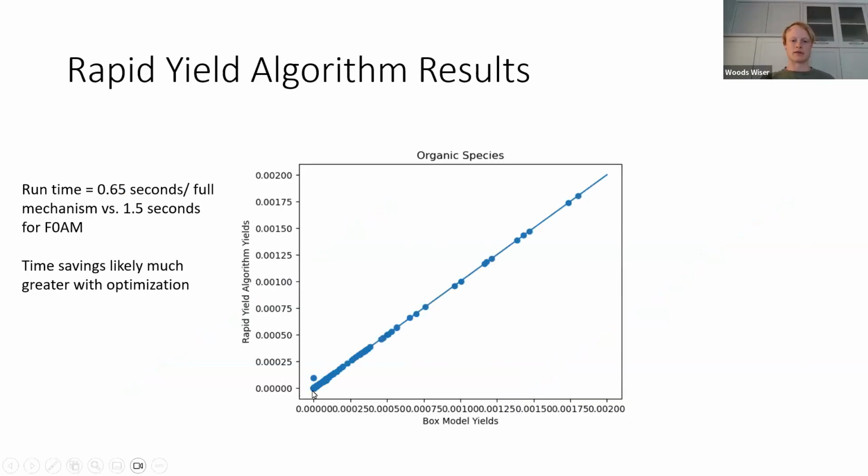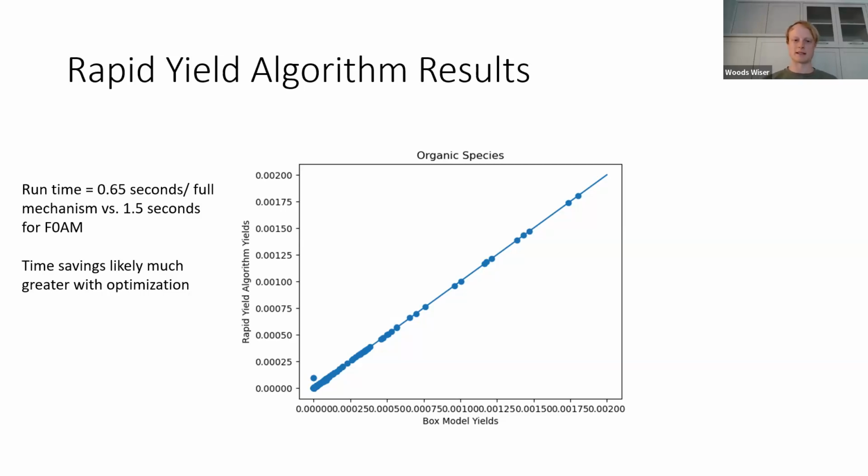So you can see here, there's this one species with relatively low yield that is off the line. That's one of those species that's heavily influenced by these isoprene radical-on-radical reactions. This runtime comparison, I would say, underestimates the amount of time savings you're going to get from this by a fair amount.